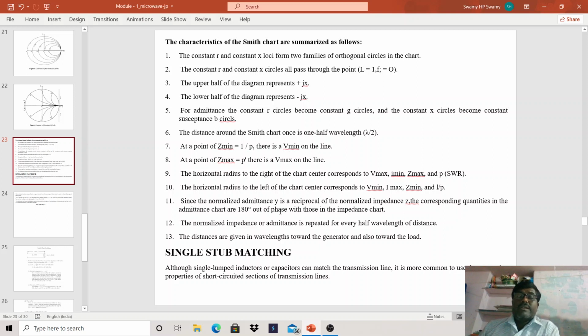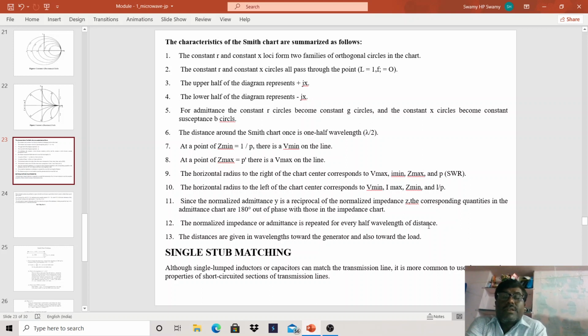Since the normalized admittance Y is the reciprocal of the normalized impedance Z, the corresponding quantities in the admittance chart are 180 degrees out of phase with those in the impedance chart.